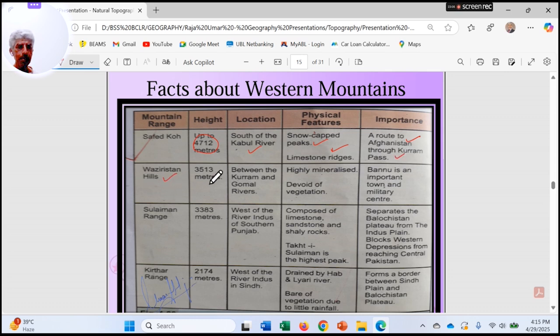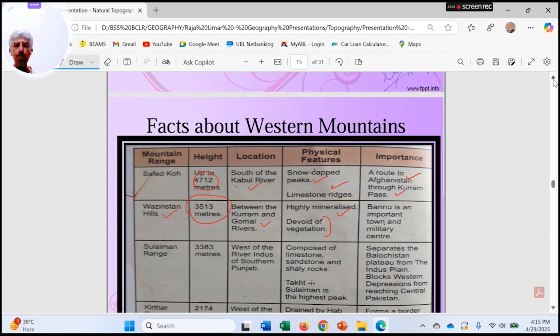Then Waziristan Hills, maximum height is 3,513 meters between the River Kurram and River Gomal. Highly mineralized area, many sorts of minerals are available in that area. Devoid of vegetation, you will not be able to find any forests or trees over there. Dry and rocky surfaces. Bannu is an important town and military center on the eastern side of Waziristan Hills.